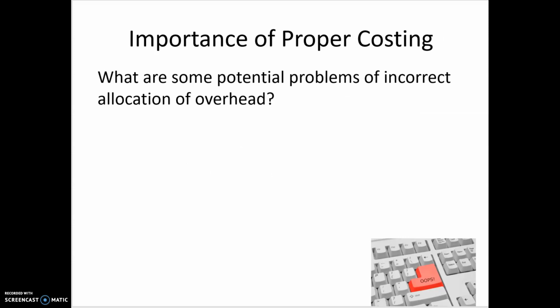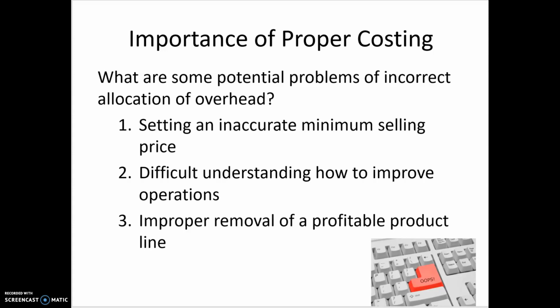But we can have some problems if we don't allocate our overhead correctly. So we could set an inaccurate selling price. We might remove a product line that's profitable. That's what we'll see in some of our problems this time. We'll think that a product line is not profitable because it is picking up some of the overhead for another product line.